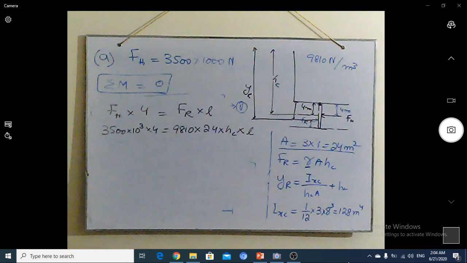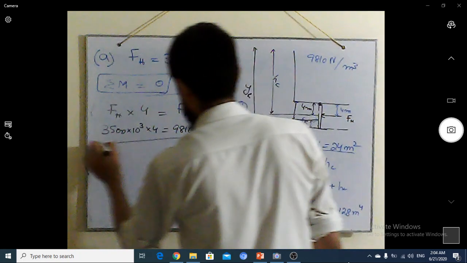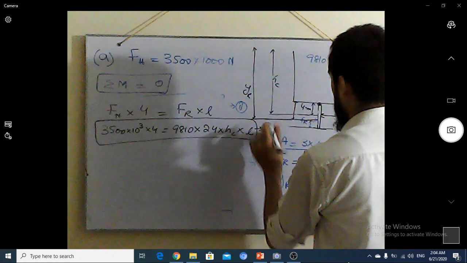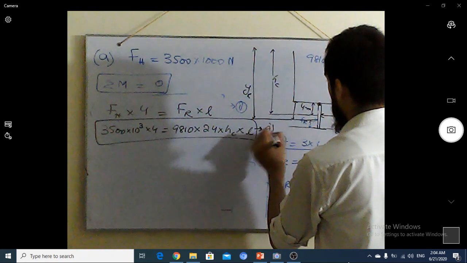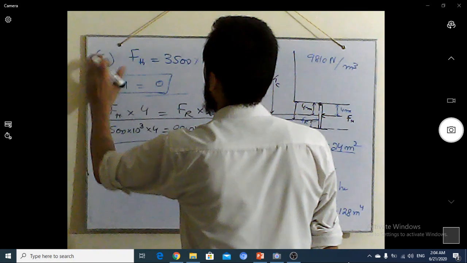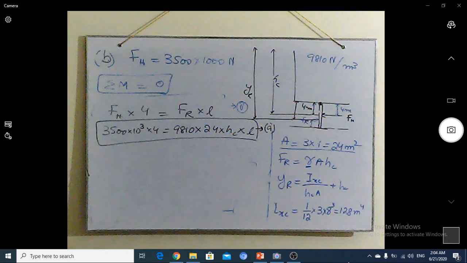So let's hold this equation and name it equation A. Okay, we are now solving part B. Sorry for not changing its value.